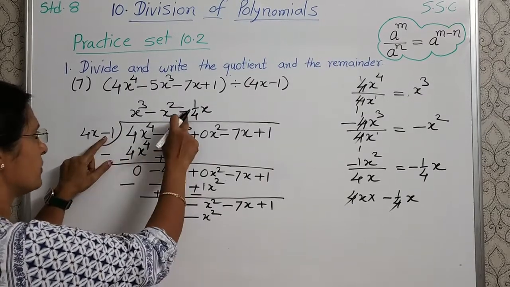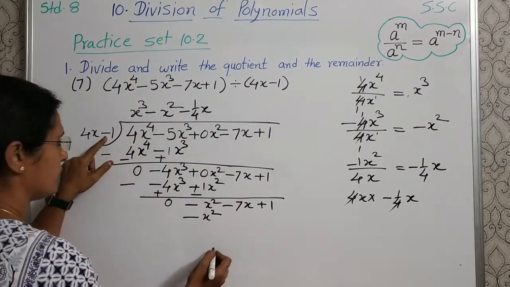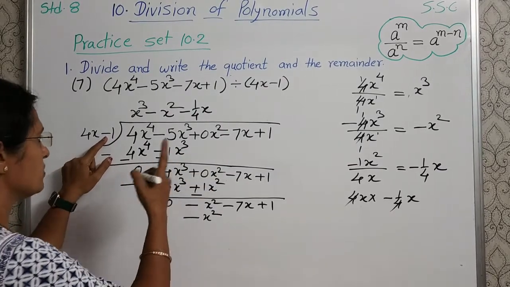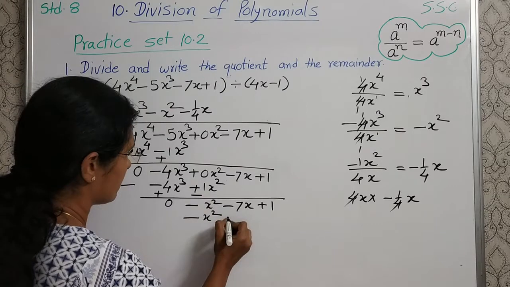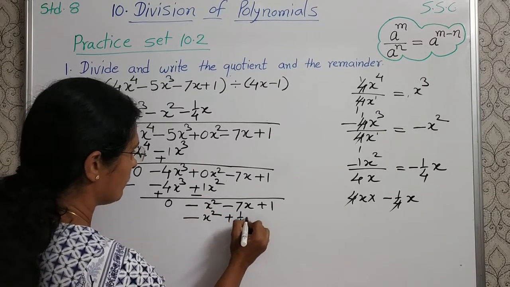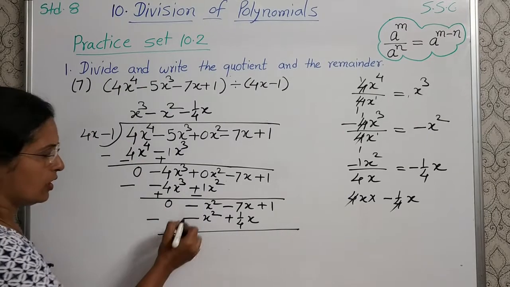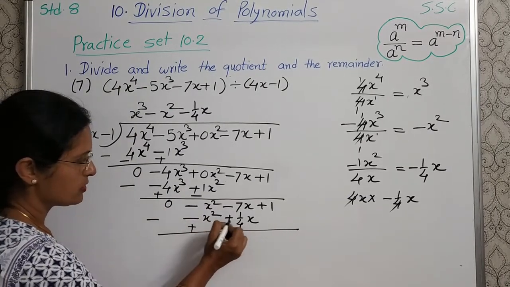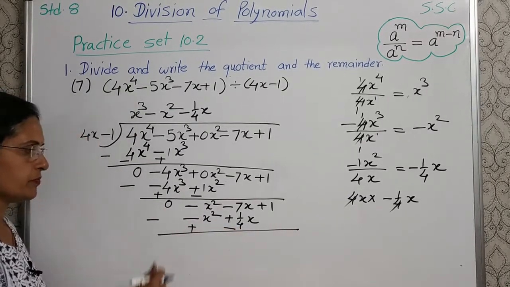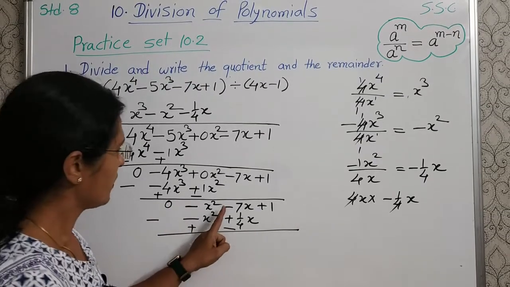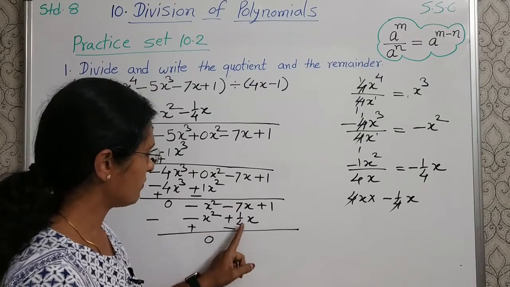So minus minus plus, 1 into 1 by 4x is 1 by 4x only. So plus 1 by 4x we write here. And now subtract. This minus will become plus, this plus will become minus. Minus x square plus x square is 0. Minus 7x minus 1 by 4x.